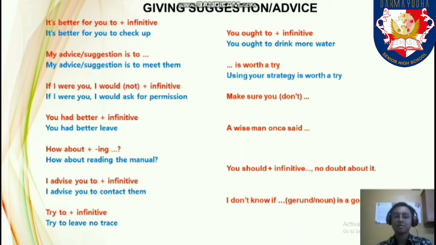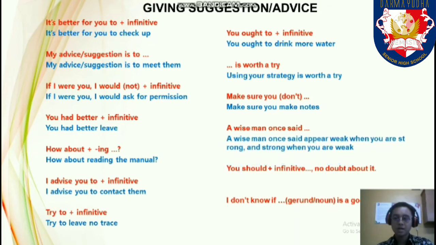Then the next one, make sure you don't or you do. For example, like this one, make sure you make notes. That's for positive one. For negative, make sure you don't make notes. And then a wise man once said blah blah blah. Here is an example.